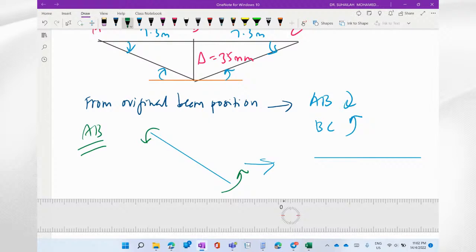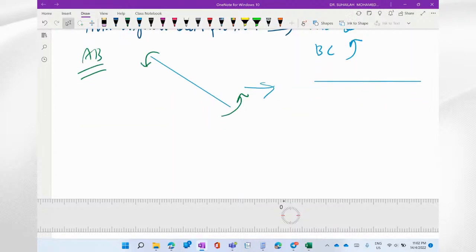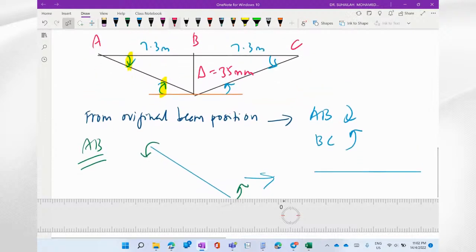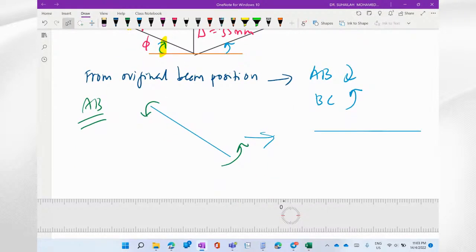Which is actually opposite with angle. This angle. Opposite. So what we can conclude is, if the angle is known as this symbol, the angle, when the angle is negative, the FEM is positive.